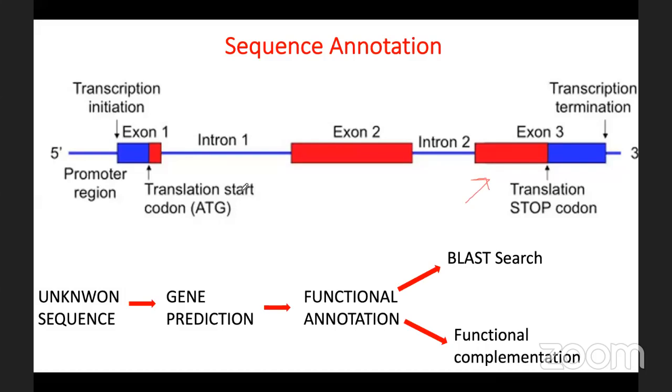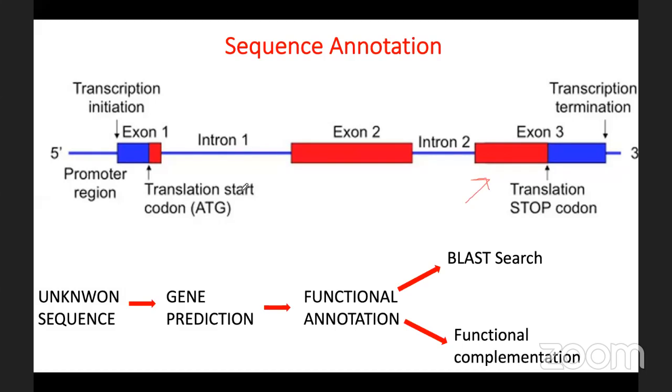For assigning function, there are different methods. For the time being, I just wanted to let you know that a gene has some specific features. Whenever you are provided with a sequence of DNA, you have to check for features first, whether the piece of DNA has these features or not, and only then proceed further. So I've written it here. You have an unknown sequence, and on the basis of that unknown sequence, you have to predict your gene. For prediction of your gene, you cannot do it manually.